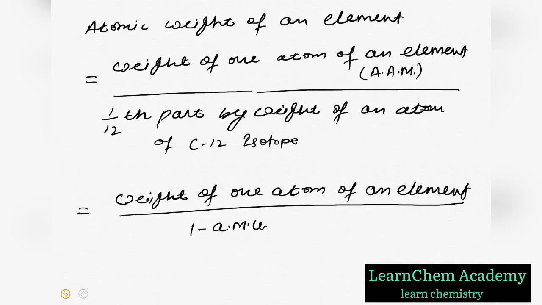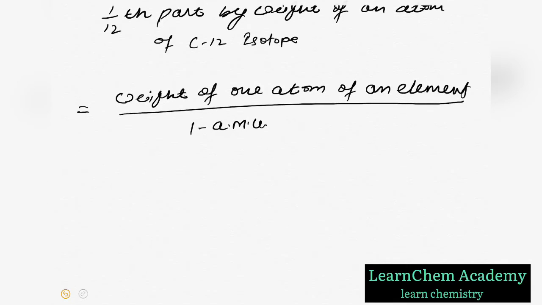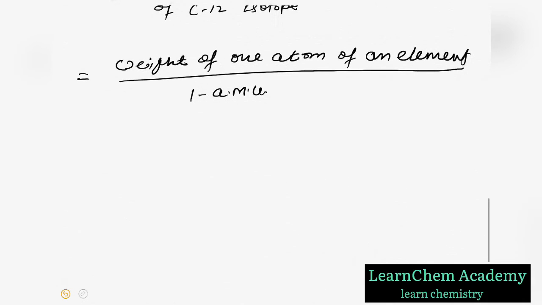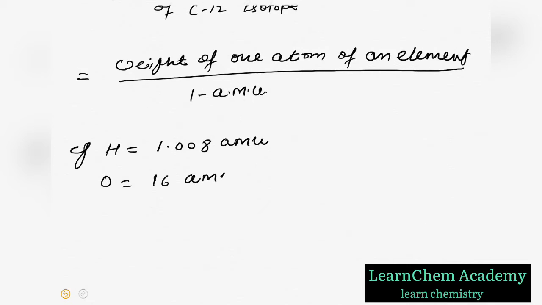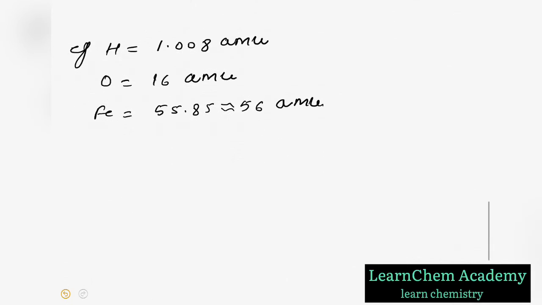By this calculation we can get relative atomic masses. For example, hydrogen's relative atomic mass is 1.008 AMU, oxygen's atomic mass is 16 AMU, and iron's atomic mass is 55.85, which is approximately 56 AMU.